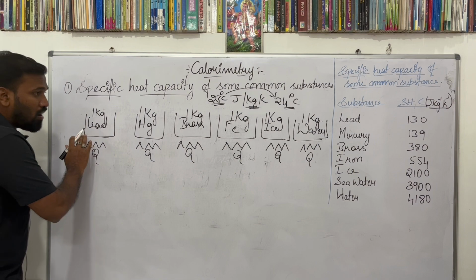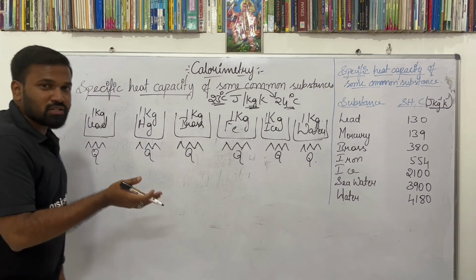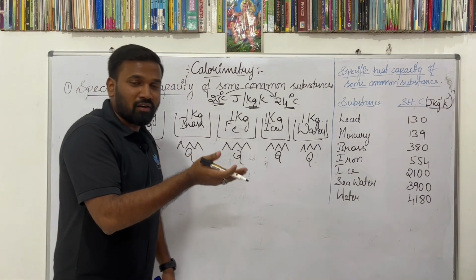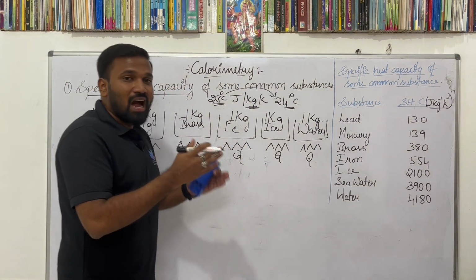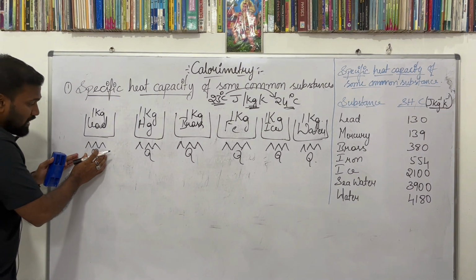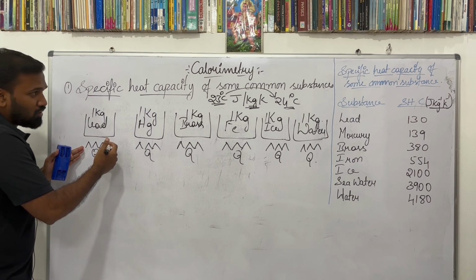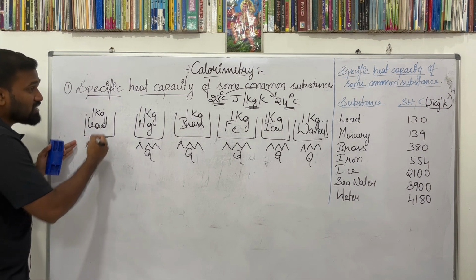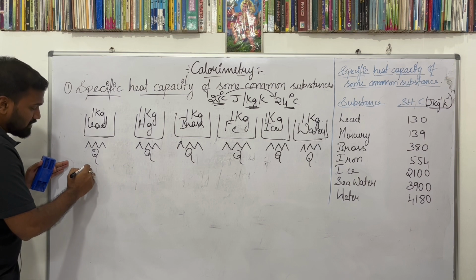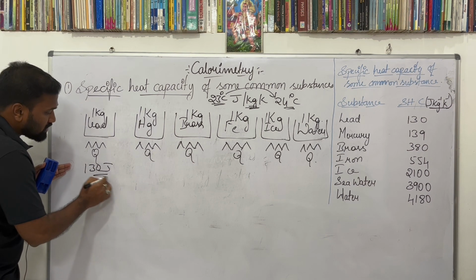But the temperature of all the substances will not rise to 24 degrees Celsius at the same time. If I give the heat energy to the lead, it may rise to 24 degrees Celsius, and it will take 130 joules.